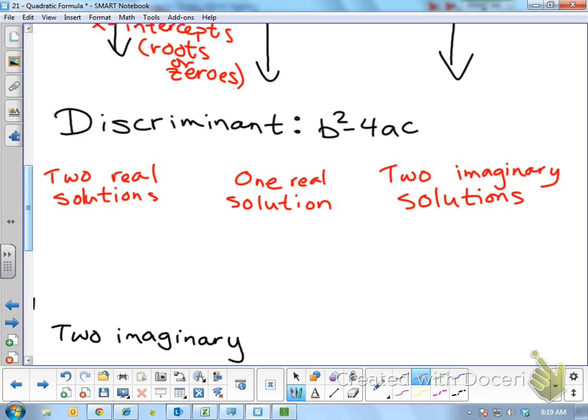Okay, so there were our 3 possibilities. We need to know what about this discriminant is going to tell us which possibility it is. So we have b squared minus 4ac. If b squared minus 4ac is greater than 0, that's a fancy math way of saying if it's positive.